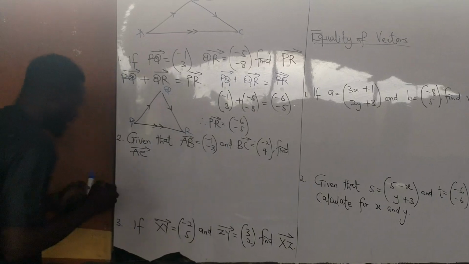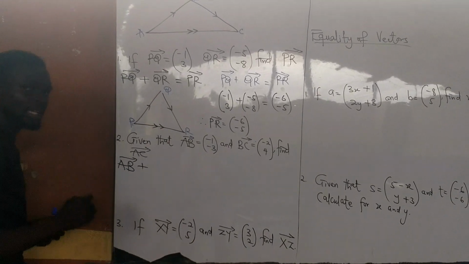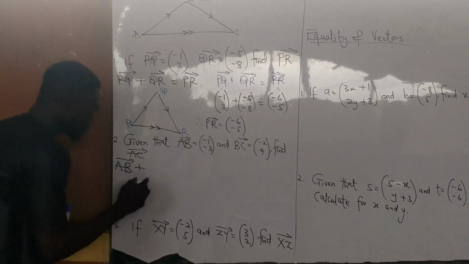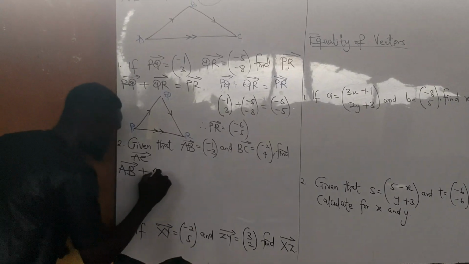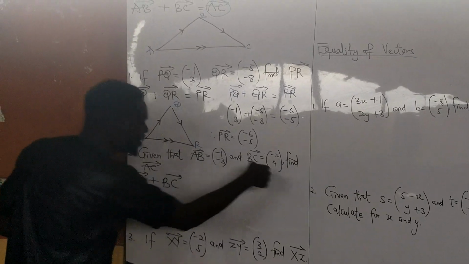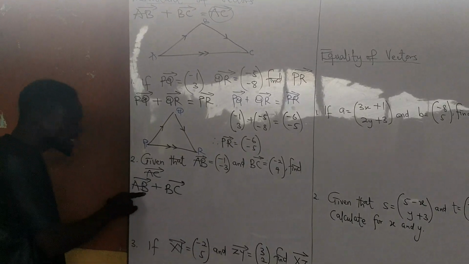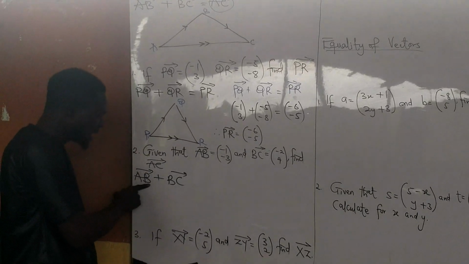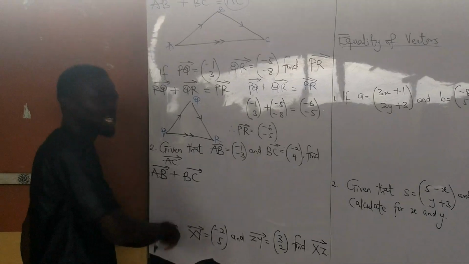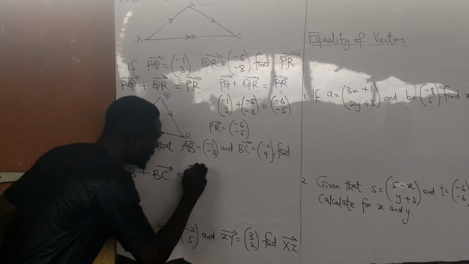So we are going to say vector AB plus the second vector, which is B, then C. Why is it C? You will notice that we have ABC, so they are dealing with this triangle ABC. So the second point of the first vector is the first point for the second vector, and this is equal to the vector AC.